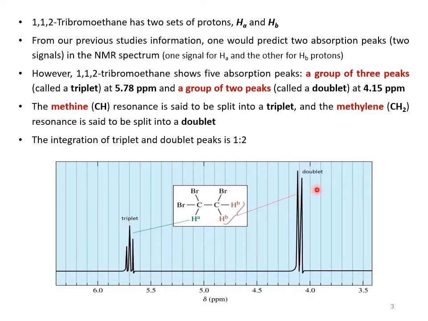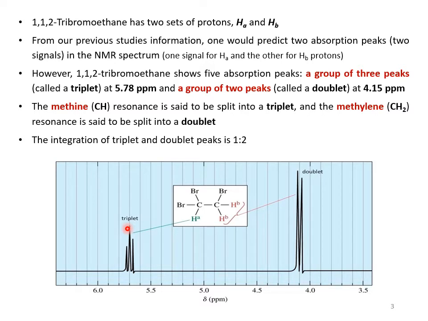It is because the methylene group has two protons, whereas the methine has only one hydrogen. Hence, the intensity, or the integration, of the signals is approximately 1:2. This 2 is for methylene protons, this 1 is for the methine proton.